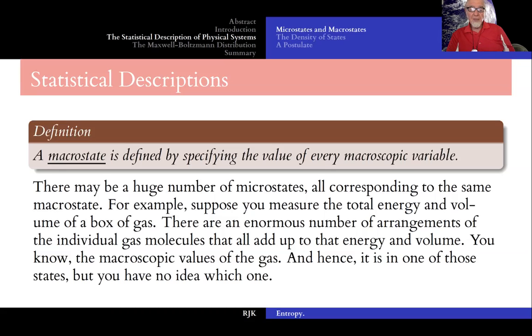But we've been trying to show that if you're in equilibrium, they're all essentially behaving the same way, even though there are a tremendous number of different ways in which you can arrive at the same macrostate.